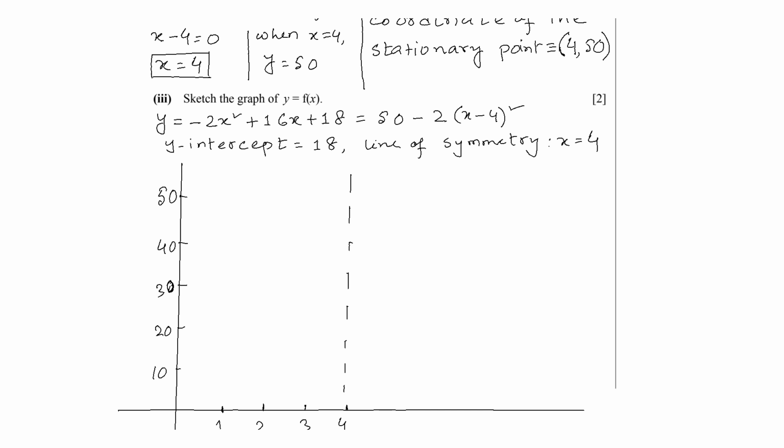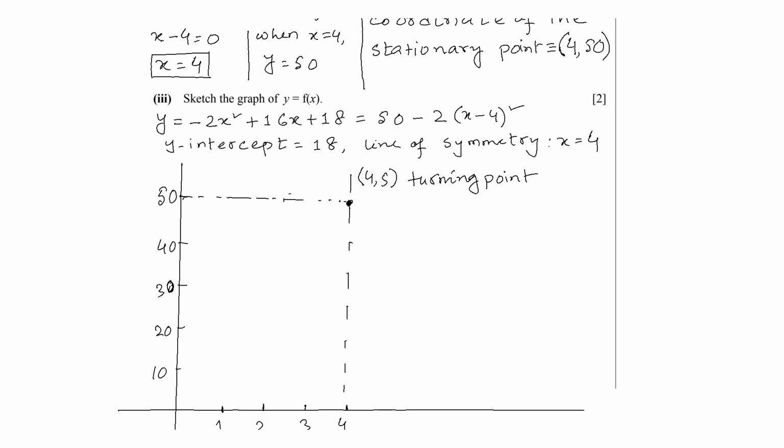Now let me draw the y equals 50 line, which will be a line parallel to the x-axis. So this is the y equals 50 line. Okay, these two lines meet at this point, which is our turning point, or we can say stationary point or maximum point, which is (4, 50).